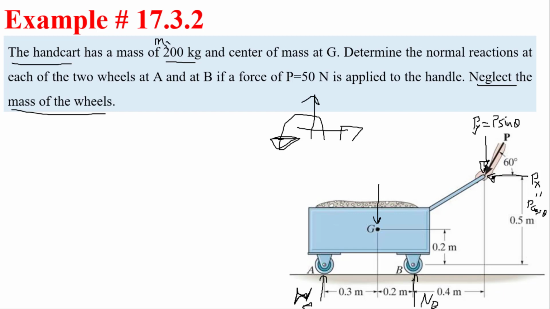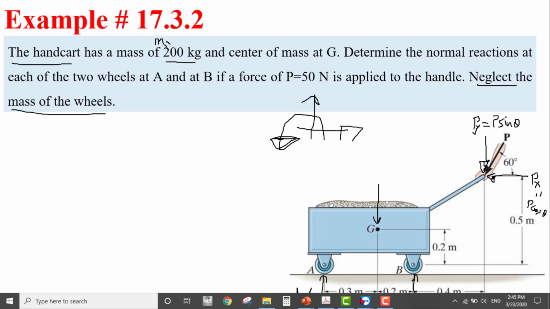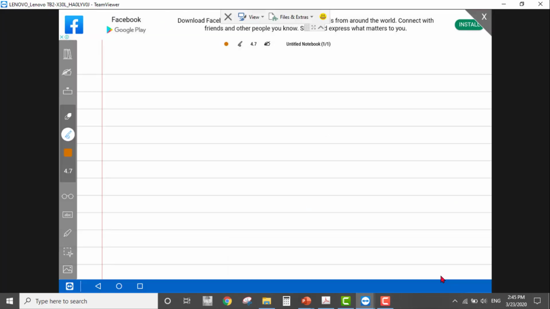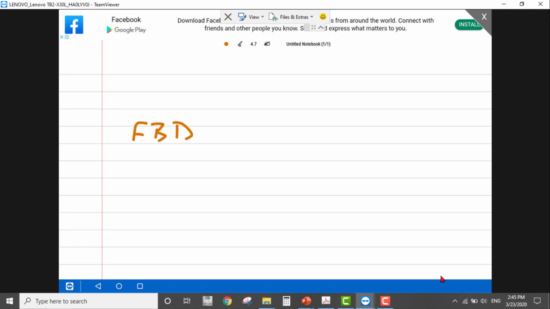Let us go to the solving board, starting with drawing the free body diagram. So here is the free body diagram. We have a crate, and here is the handle.